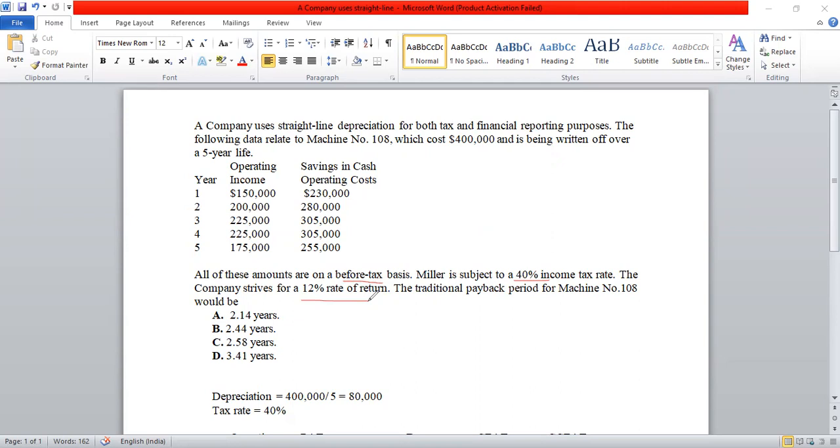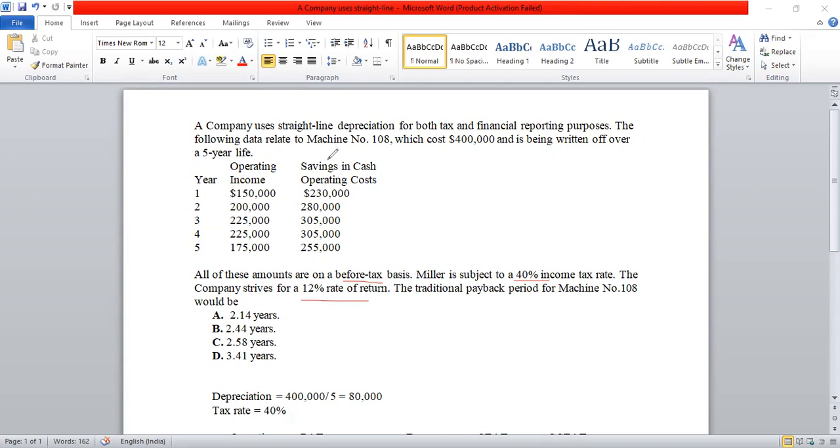Now, how do we start? When we have this set of data, operating income is given to us, as well as savings in cash operating costs. The operating income is arrived at after considering the revenues as well as the costs. See, costs are all considered and they have arrived at the operating income.